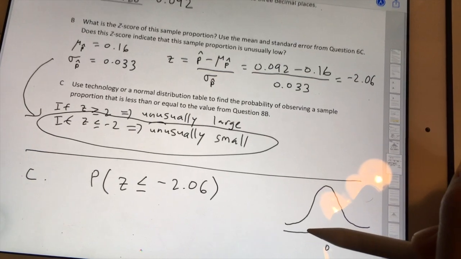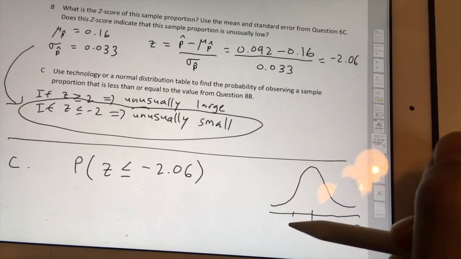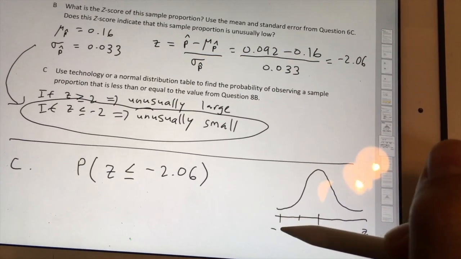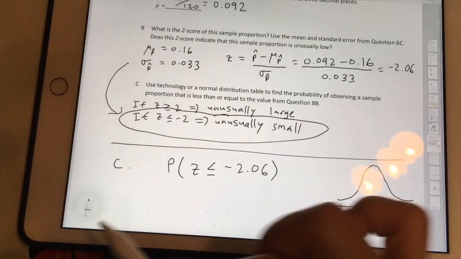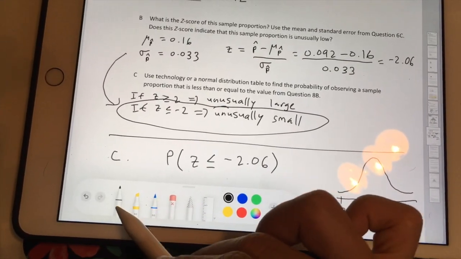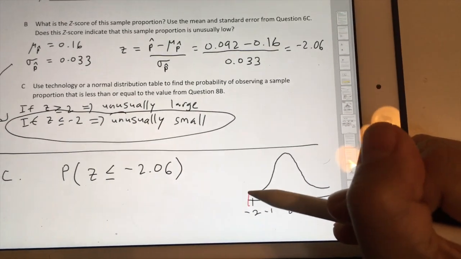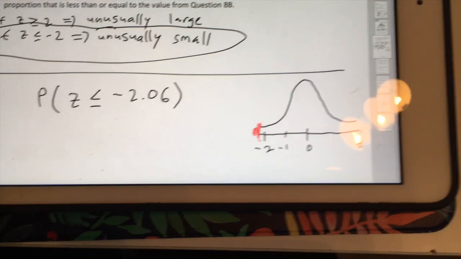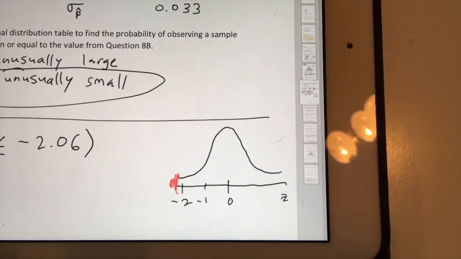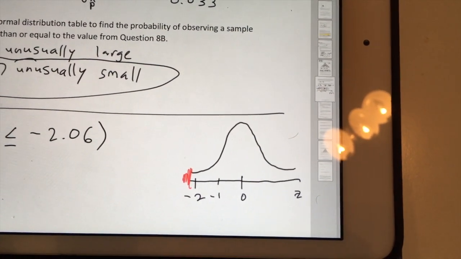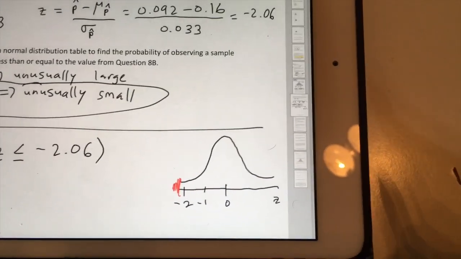If this is 0, then this is -1, and this is -2. What we're saying is we want to figure out what proportion of that picture is shaded to the left, which is going to be a very tiny number, okay?